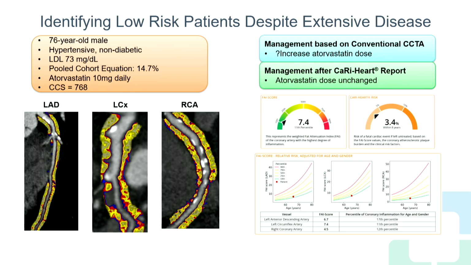This patient, basically, most of it is yellow on the analysis. The risk is in the 11th percentile, 7.4, and the Cari Heart risk is 3.4% risk of a major event at 8 years follow-up. And if you look at the dots, they are in the lower spectrum of percentile risk.